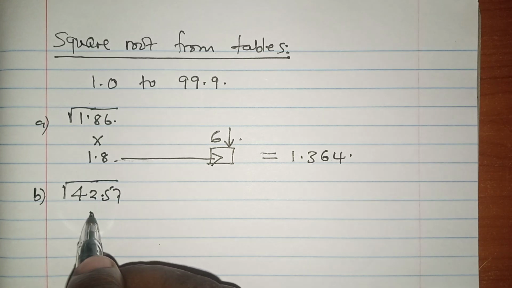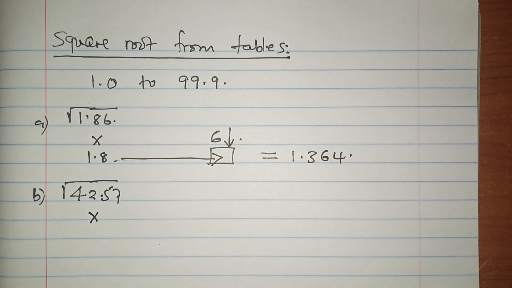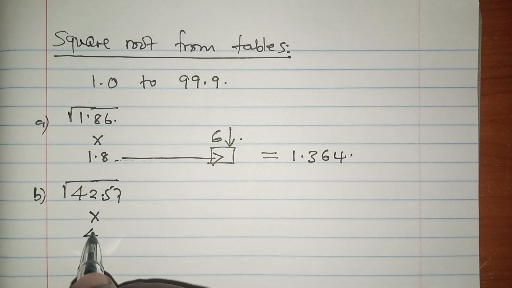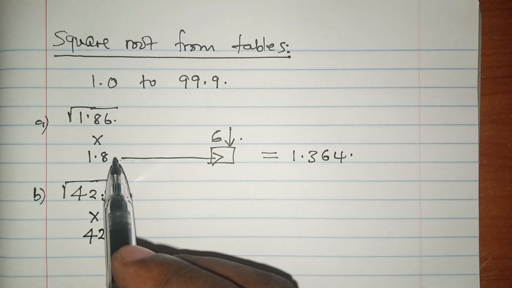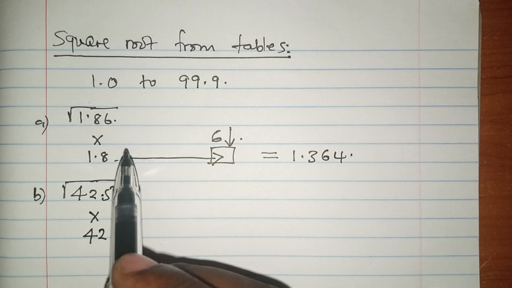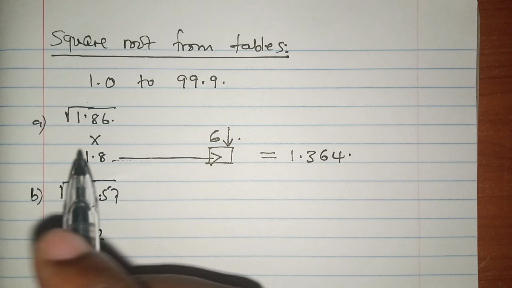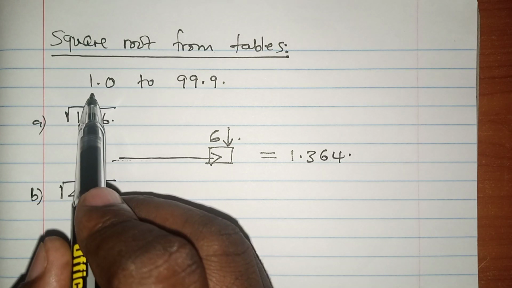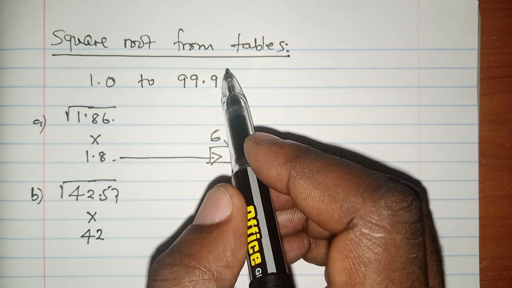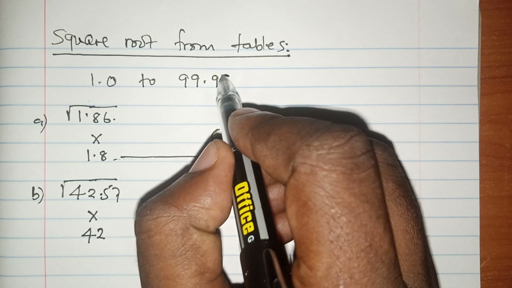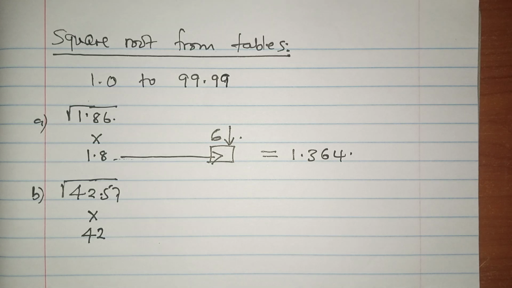In this case, there is a column labeled X. You look for 42. Now not 4.2, 42. Because the square roots of numbers in the table are given from the square root of 1 all the way to the square root of 99.9.